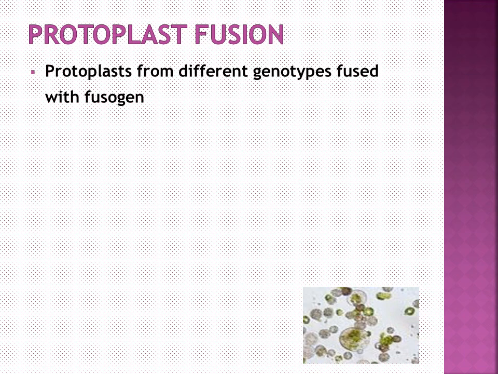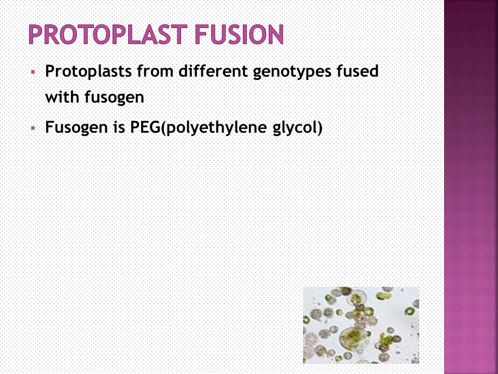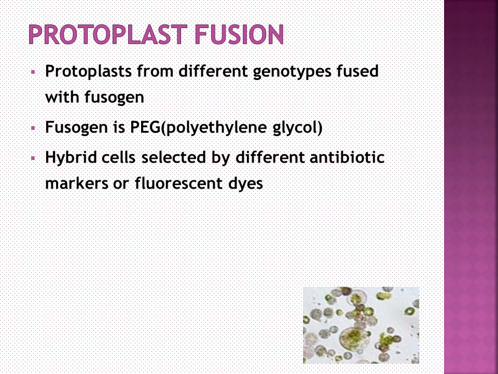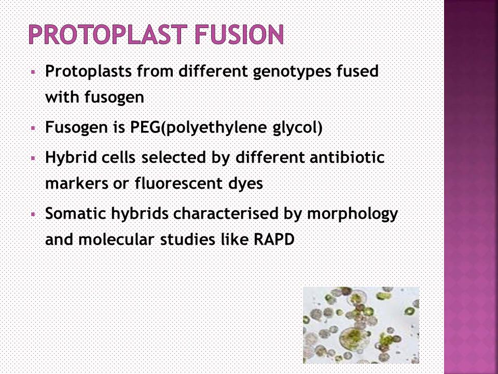Coming to protoplast fusion. In this technique, protoplasts from different genotypes are fused with a fusogen. Fusogen commonly used is polyethylene glycol, PEG. Hybrid cells are selected by different antibiotic markers or fluorescent dyes which act as selection markers.